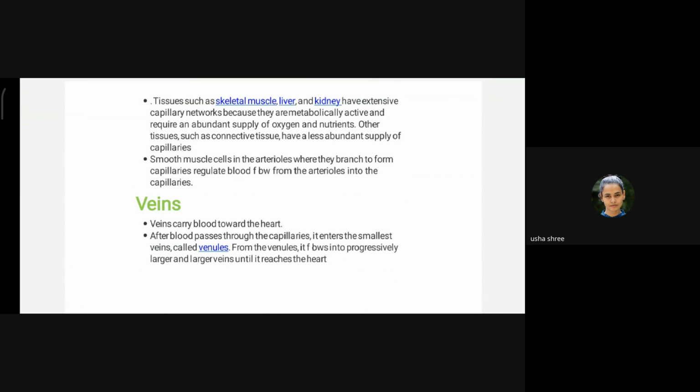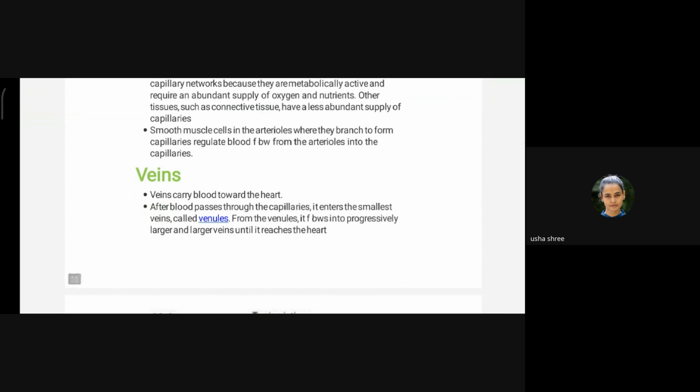Other tissues such as connective tissue have a less abundant supply of capillaries, because they don't need too much blood. Too much blood, nutrients or oxygen is needed for skeletal muscle, liver and kidney, because they are metabolically active.